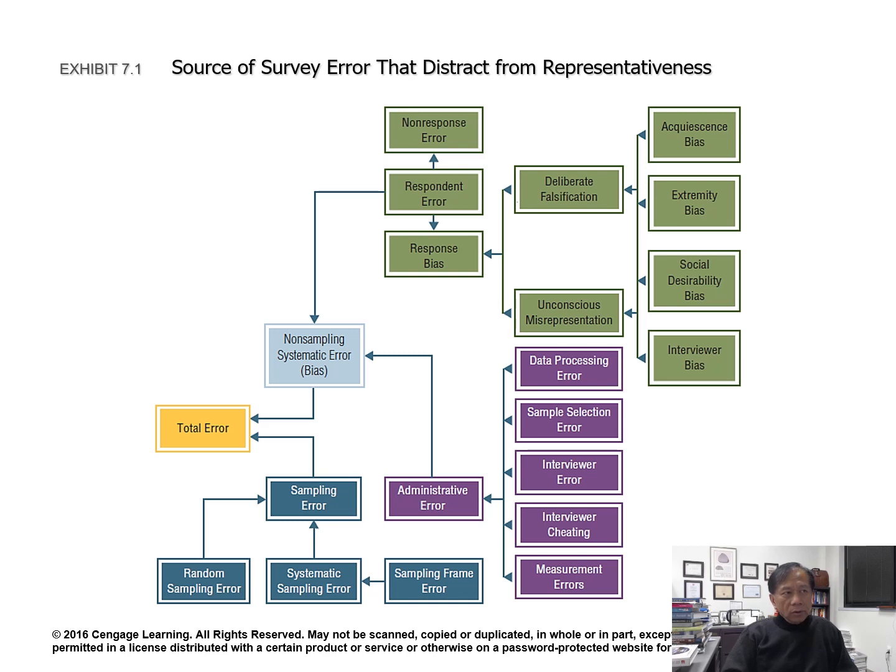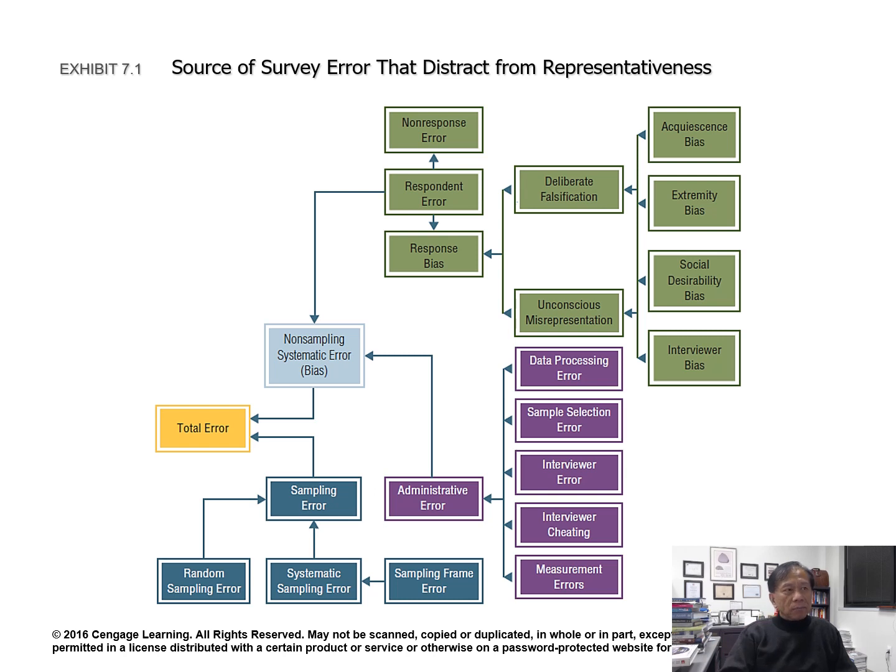There's also the extremity bias. Have you seen people in our society? Some of them just want to go to extremes, and they exaggerate. They would like to give extreme numbers, and they exaggerate too much. That's extremity bias.